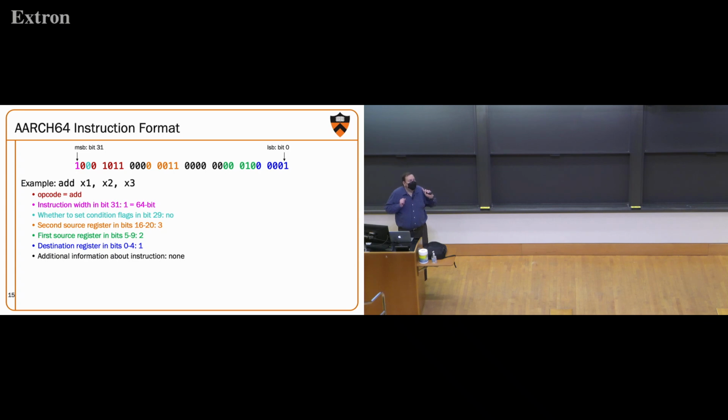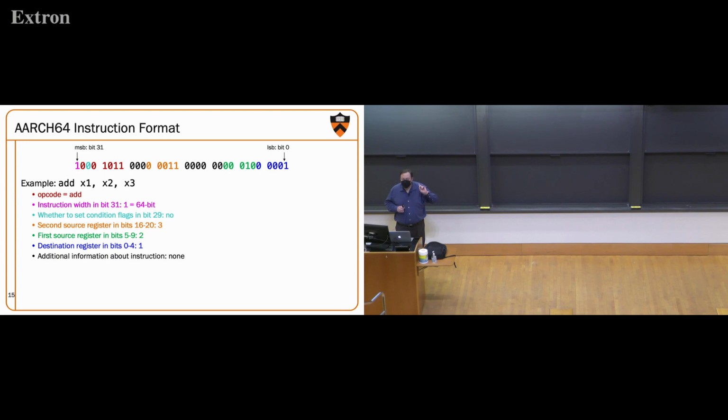Bit 29 tells us whether we're going to set condition codes or condition flags. In this case, it's a 0, therefore we're not setting them. Therefore, this is an add, not an adds instruction. Those bits in dark red taken together are the opcode for a 3-register add instruction.